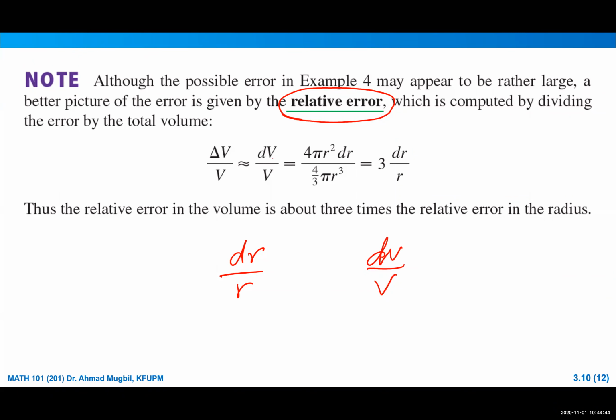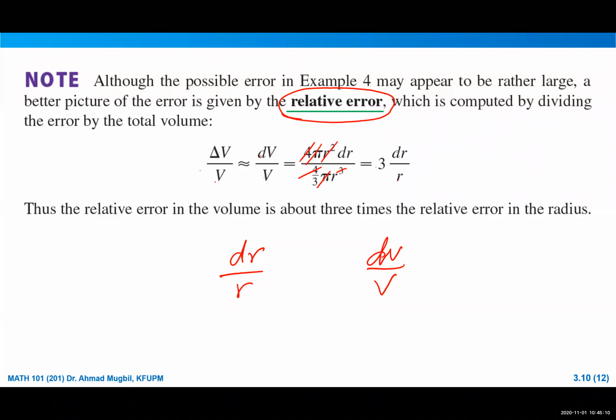So the relative error will be dV over V, approximately delta V over V. Do you have dV? You have the formula for dV and the formula for V. Now simplify. The 4 pi cancels, and you end up with 3 dr over r.